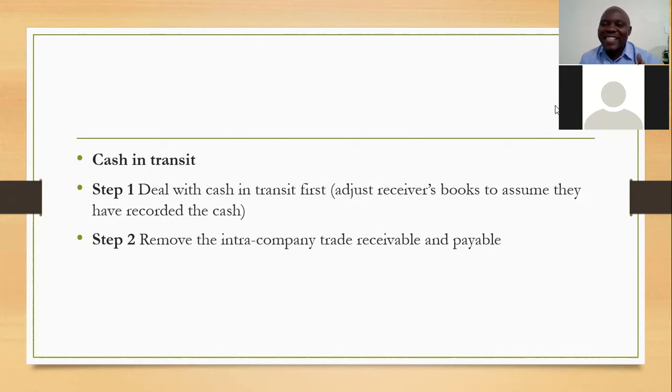But from the side of the parent company, because the parent company hasn't received it, or it hasn't reflected on the bank statement, the parent company will still keep that amount as a receivable because they haven't received any money. It is still in transit.